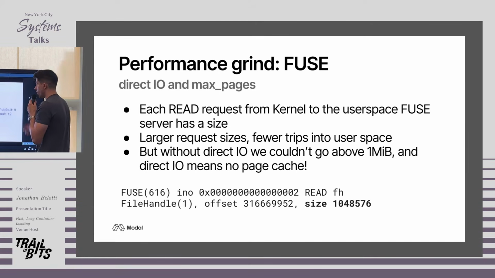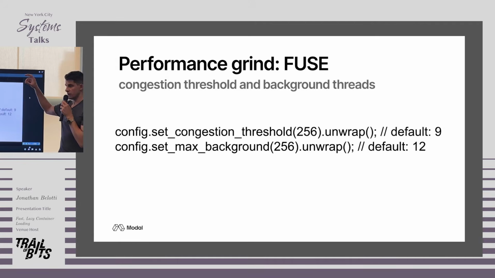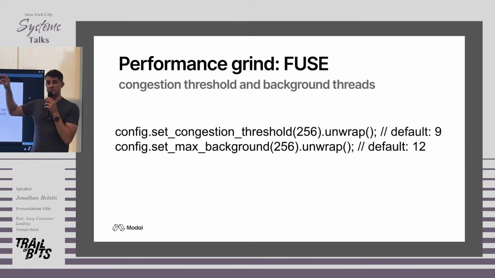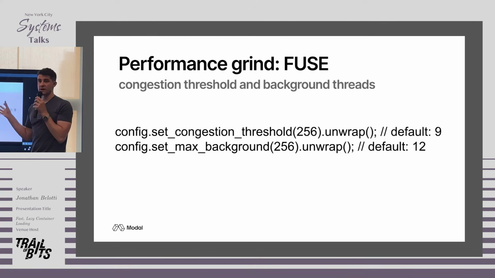Another knob that you want to tune is your congestion and max background. The FUSE system in the kernel is going to fulfill the requests either on a synchronous path or a background path. It does this because some things need to be served quickly, some things need to be buffered. Pretty normal. Read requests are buffered.